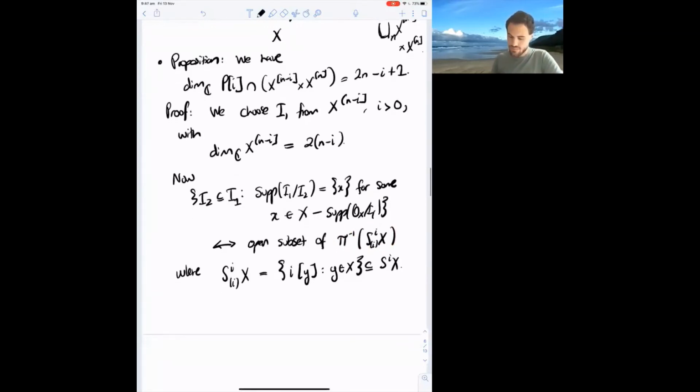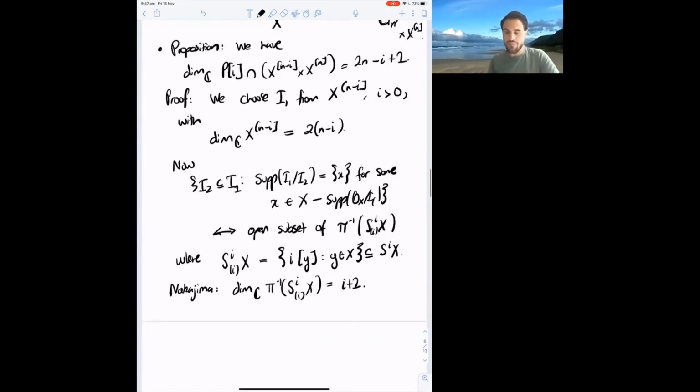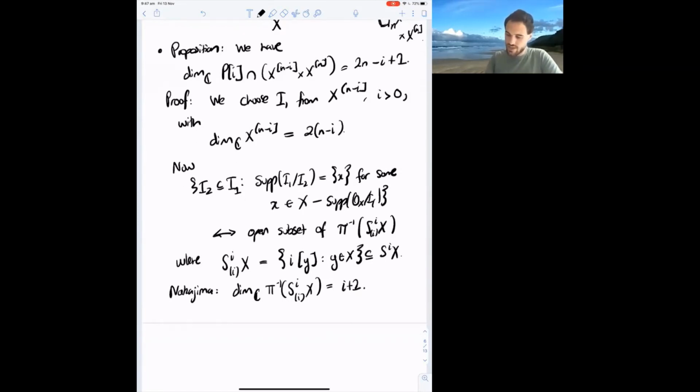The fact that the Hilbert morphism is semi-small allows him to know that the dimension over C of this pre-image of the Hilbert morphism is exactly I+1. So we have this situation inside of PI, this dagger subset.